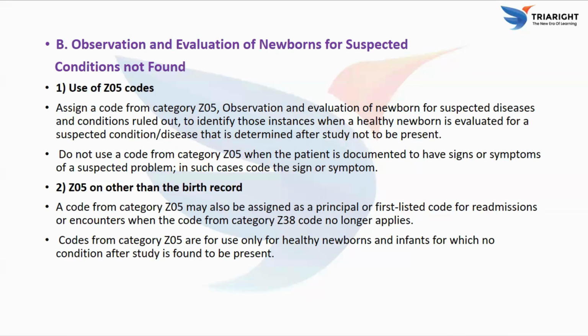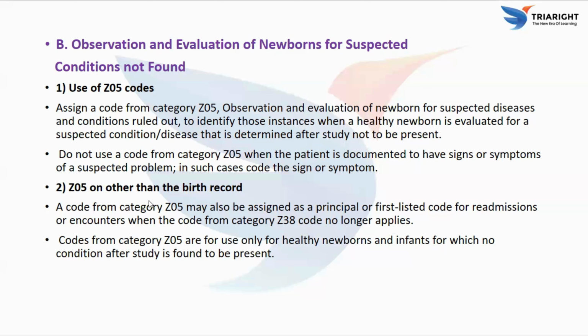If the newborn shows symptoms, you have to code the symptom, but you should never assign Z05. For example, baby has fever, you code fever, but not Z05. Baby has cyanosis, you code the symptom itself. And if the condition is actually confirmed, if the test confirms the disease, then code the actual diagnosis but not Z05.